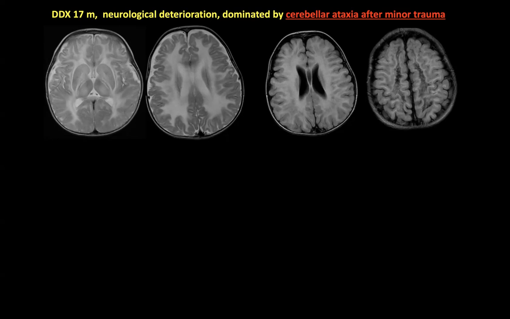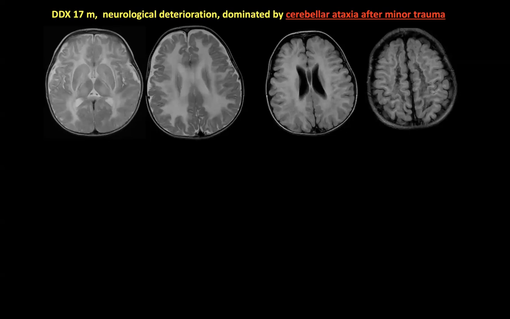even more so if the clinical history is characterized by minor trauma, you need to think vanishing white matter. When I saw the case that I showed you before, which was a mitochondrial leukodystrophy, I didn't know about this pattern recognition, and I called it vanishing white matter because this was the only vanishing leukodystrophy that came to my mind.